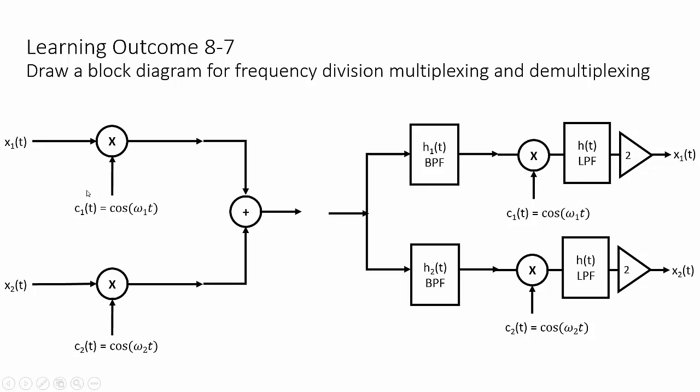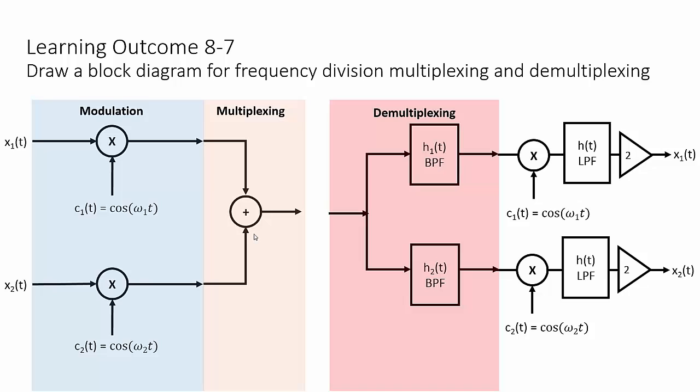So let's review. We start off with two different signals we want to transmit. One will be transmitted at frequency omega 1, one will be at frequency omega 2. That's the modulation part of the process. We then combine them in a step called multiplexing, transmit them, receive them, then choose your radio channel and demultiplex.